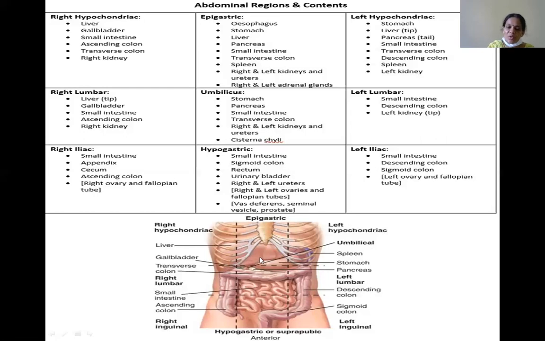And if the patient complains of pain in the epigastric region, this area is mostly related to the esophagus and the stomach. All these structures are very important clinically during abdominal examination of the patient.